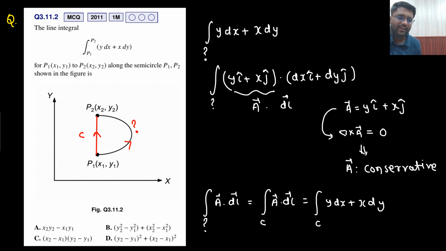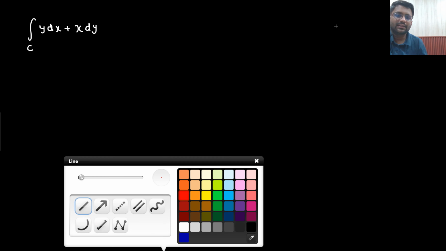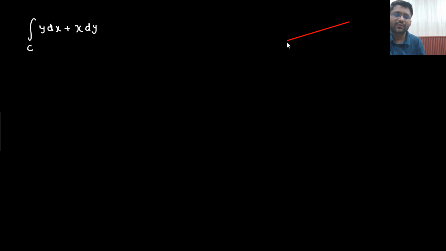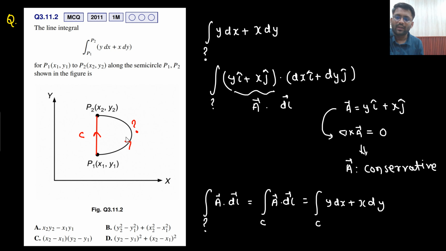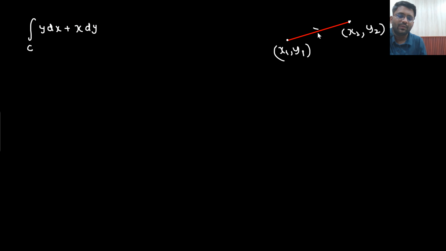So I am supposed to calculate, for the curve C, y dx plus x dy. Now what is my curve C? My curve C is just a straight line going from x1, y1 to x2, y2, from P1 to P2.